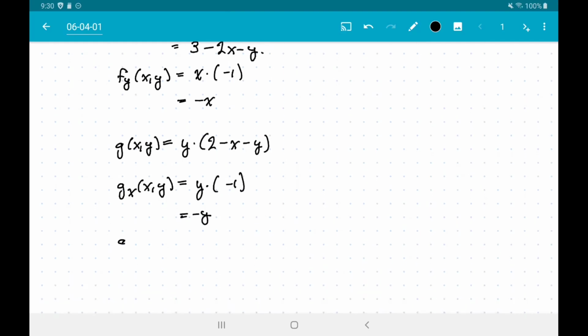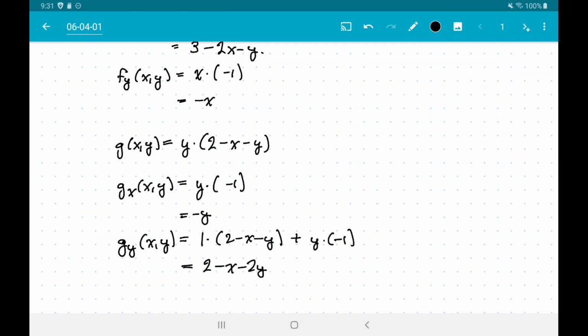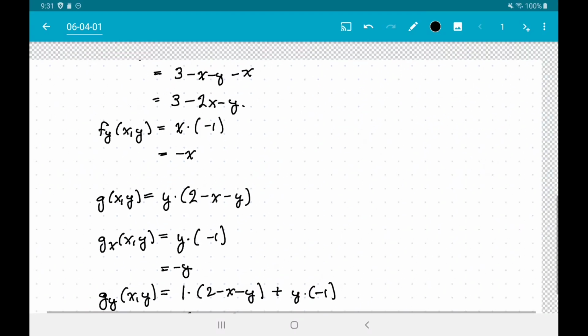And g sub y of x and y is 1 times 2 minus x minus y plus y times negative 1, which simplifies into 2 minus x minus 2y. Okay, so partial derivatives all over the place.